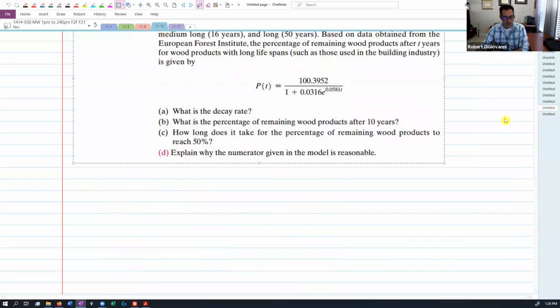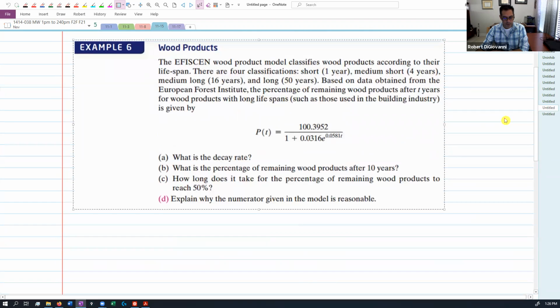We have another one. All right, so for this one, it's talking about wood. Wood products are classified. Well, there's this industry standard for classification of wood products according to their lifespan.